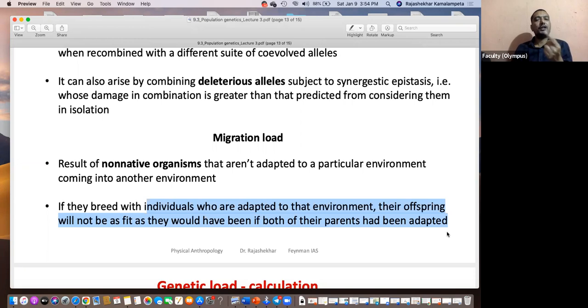But to differentiate it from migrational load, you can say the segregation has the potential because they migrated. So in that sense, it is more migrational load than segregational load. You wouldn't have the situation where no migration has happened, but segregation has taken place. So to differentiate that, they talk about segregational load separately from migrational. This is one explanation. Second explanation is recombination.